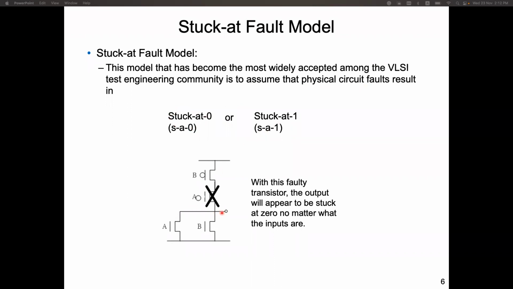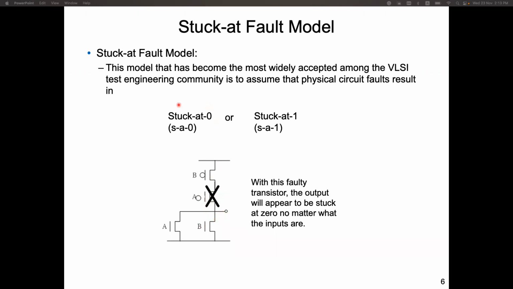Say, for example, we have a two-input NOR gate. Here, if this PMOS is faulty, its source and drain cannot be turned on, and then the output of this gate will always be 0.